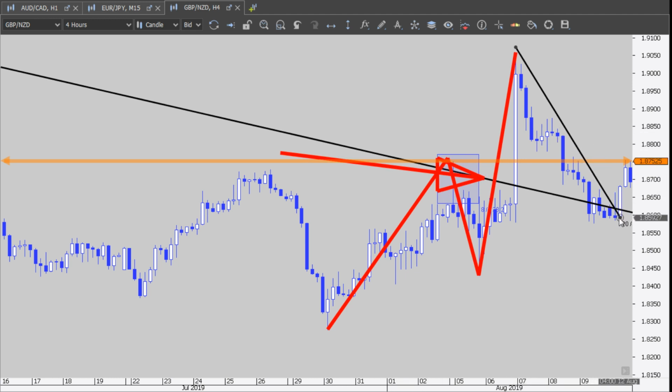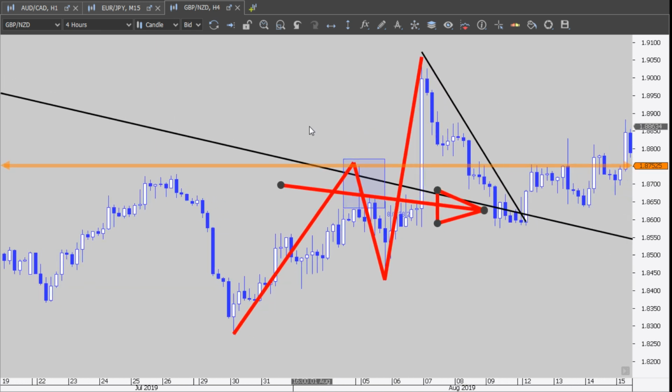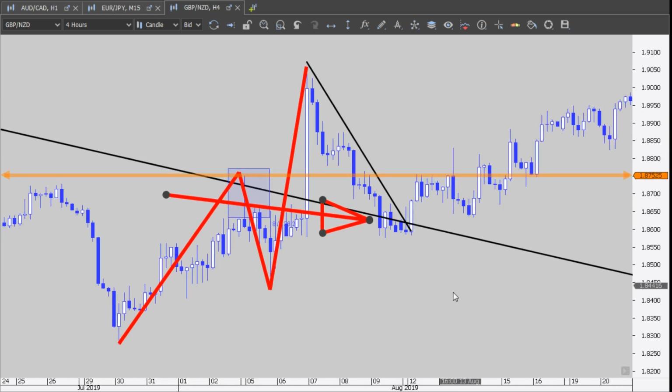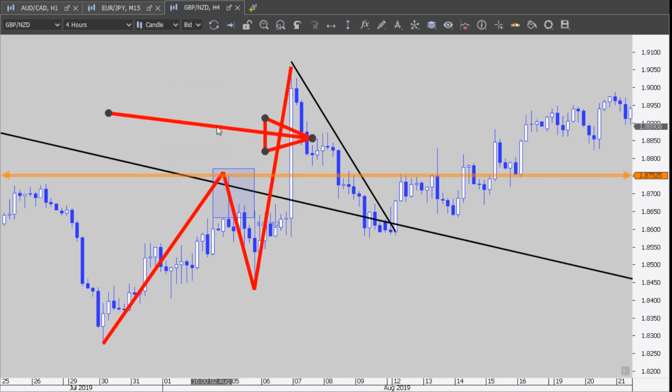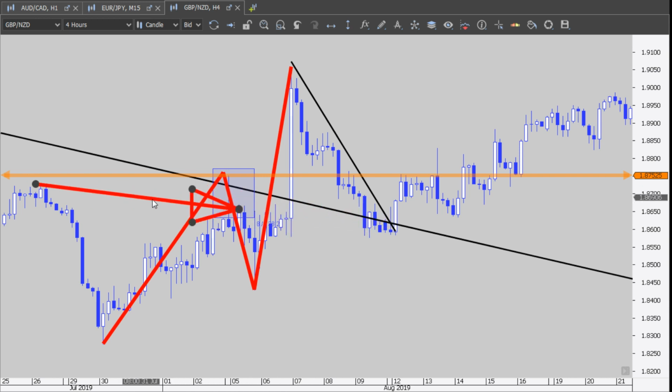There you go, and finally, slowly, it moved up. So he didn't change direction here, he didn't change direction here, but still it didn't break the level, it went through, right?